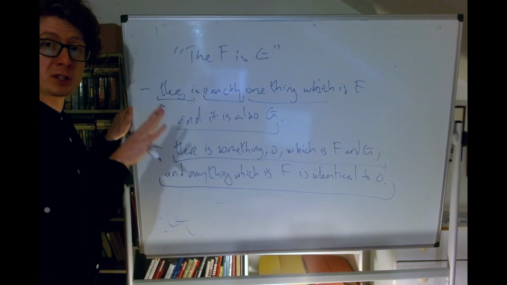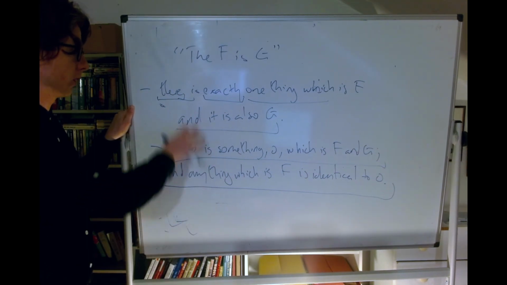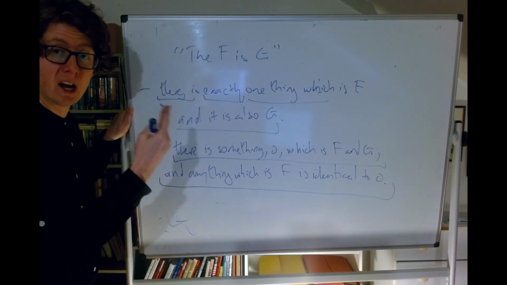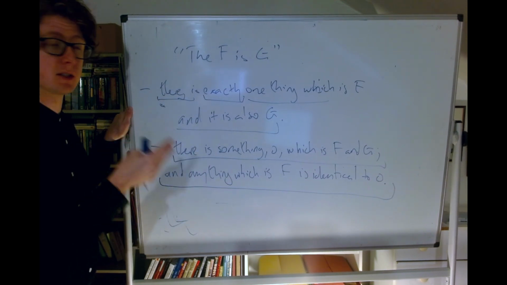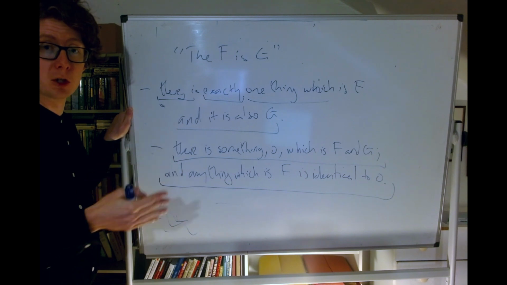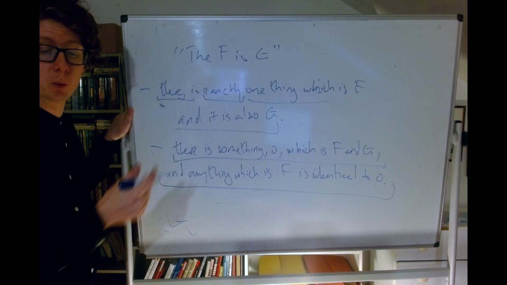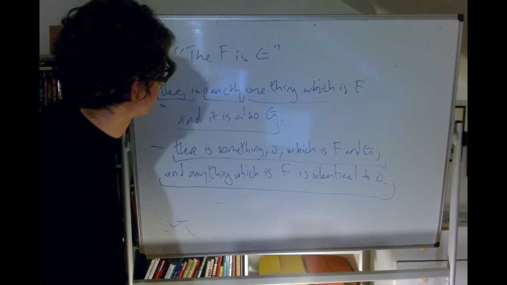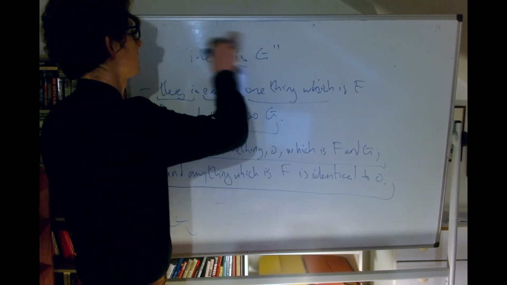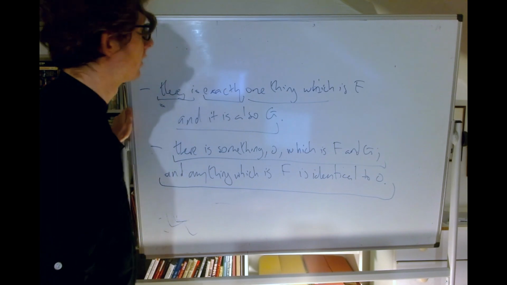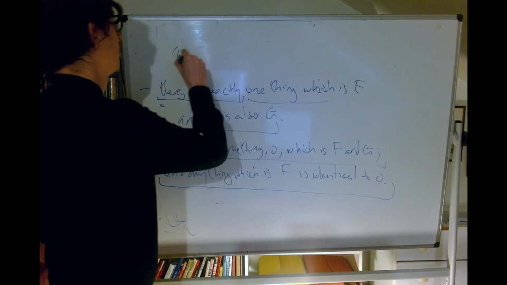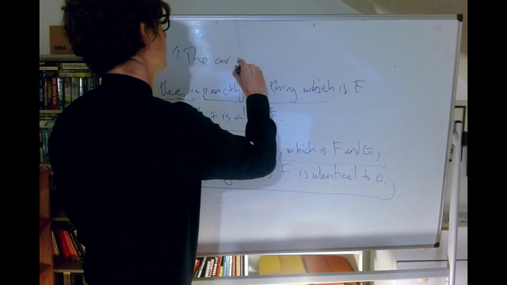So we'll think about a particular kind of example and see why in that example they come to the same thing. But the reasoning that I'm going to use is going to generalize. It won't be specific to that case. It will work in any kind of case. So rather than just the F is G, let's imagine a claim like, the car outside is red.